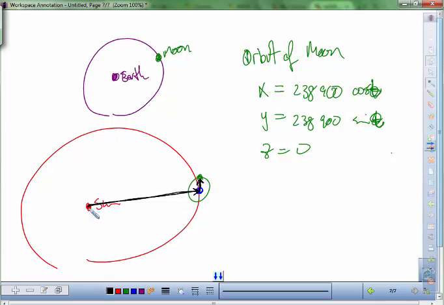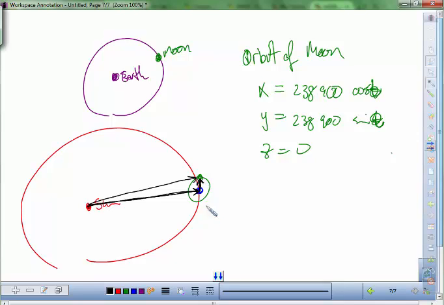So from the sun, I want to get to the moon. What do I do? Just add the vectors from the sun to the Earth, and then you add the Earth to the moon, and what you have is a vector-valued function that describes the path of the moon. Does that make sense?